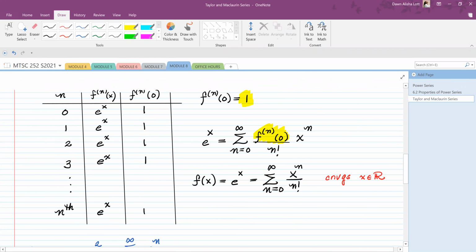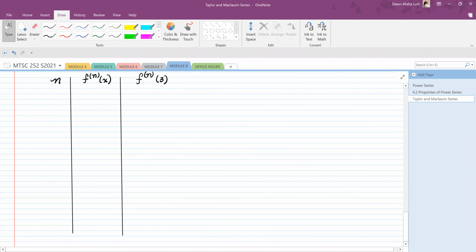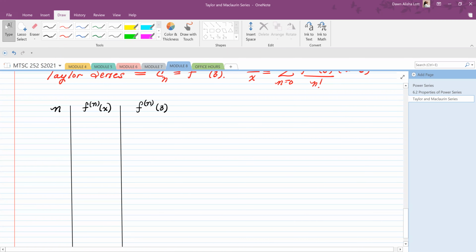All right, so at the 0th derivative, the function is 1 over x, which I'm going to write as x to the minus 1. And its value at 3 is going to be 1/3.